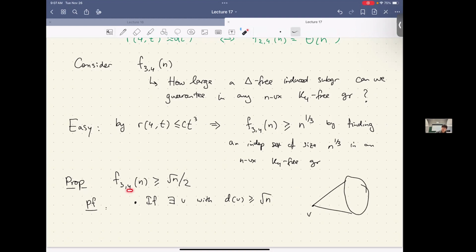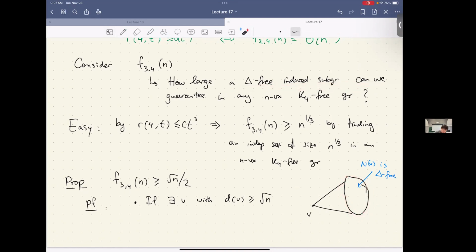So the neighborhood of a vertex is triangle free. So this N(V) is triangle free. And that's it. If you look at this induced subgraph, it's triangle free.